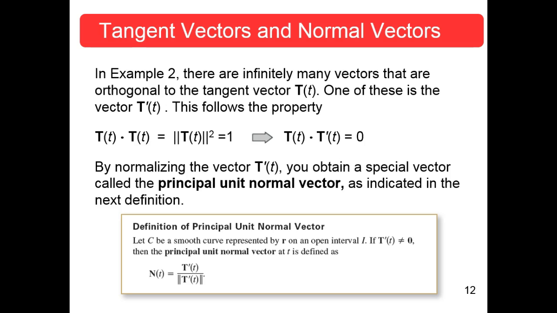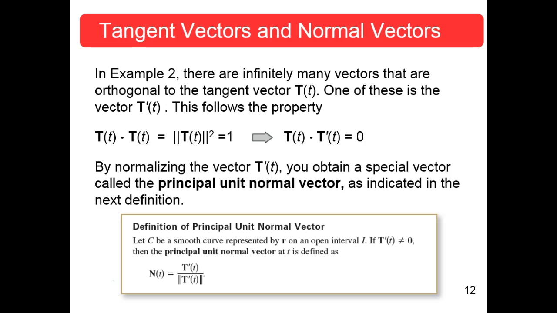Then by that property, T of t and T prime of t are orthogonal to each other, if that's a constant, obviously it has to be. So by normalizing that vector, T prime, which is perpendicular to the unit tangent vector, you obtain a very special vector called the principal unit normal vector.